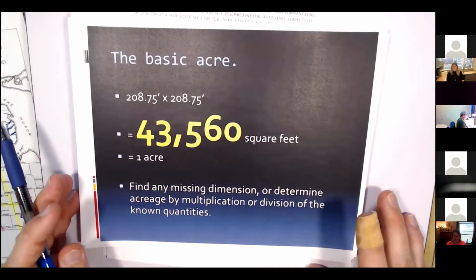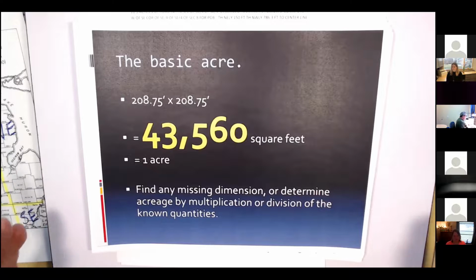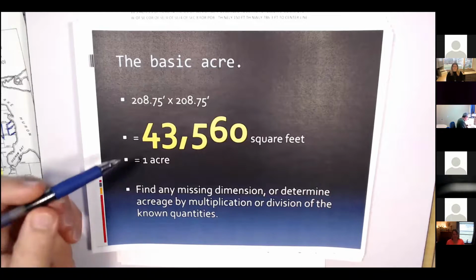Now, there are a couple of numbers that, if you're dealing with land descriptions, you might want to write down and put on a little sticky note, or bury inside your head. The acre. The acre has been the basic unit of land for a long time, since like the 1500s.